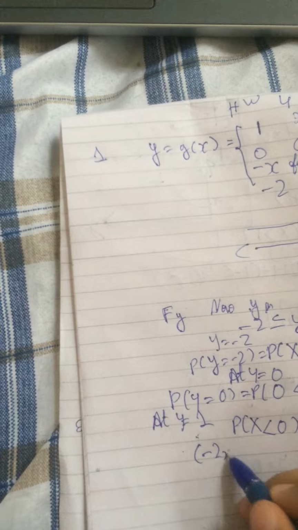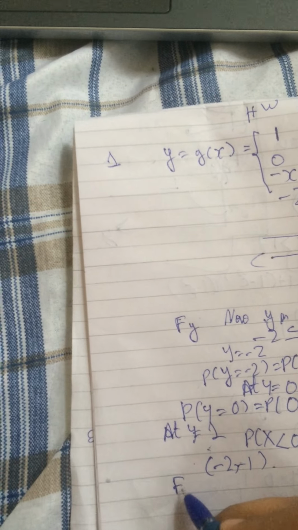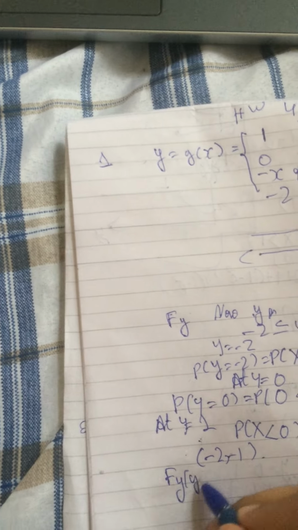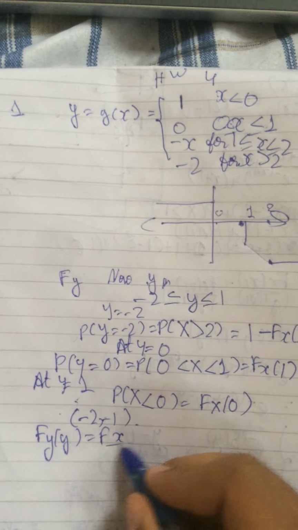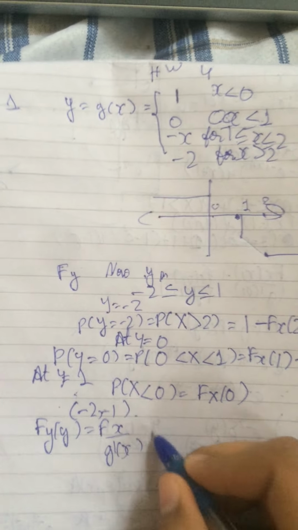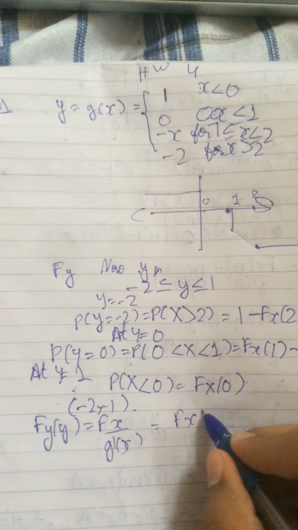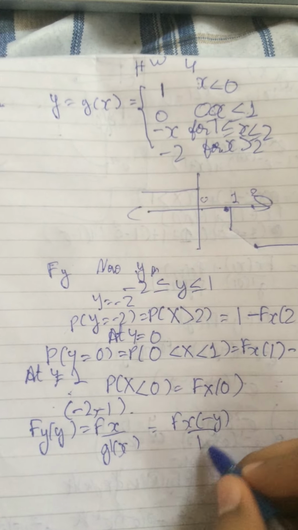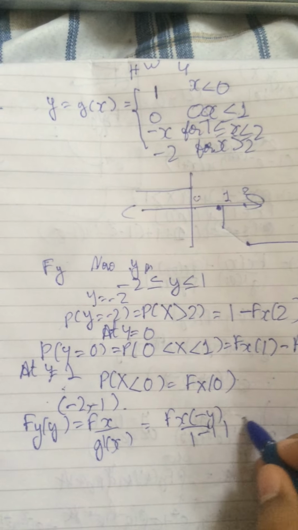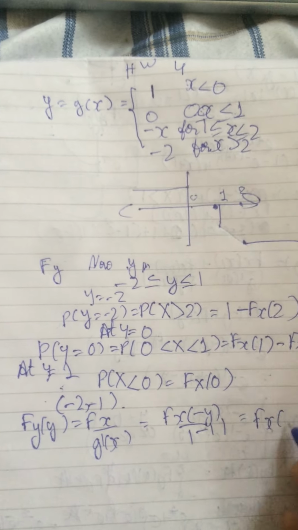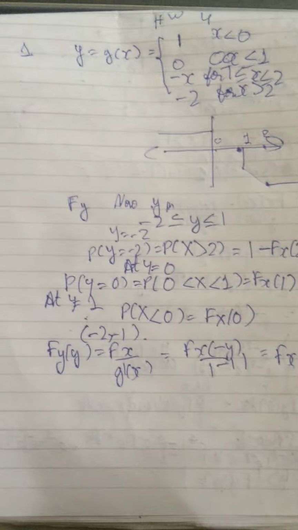Now for y between minus 2 and minus 1, we find small fy of y, which is given by f of x upon g dash of x, which is fx of minus y capital minus 1, equal to fx of minus y.